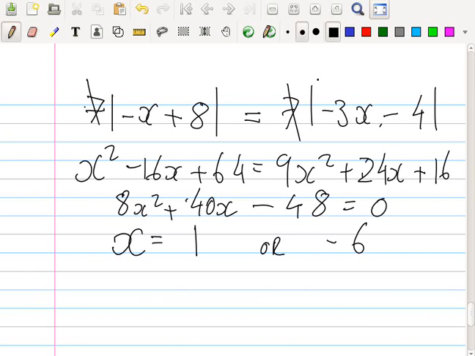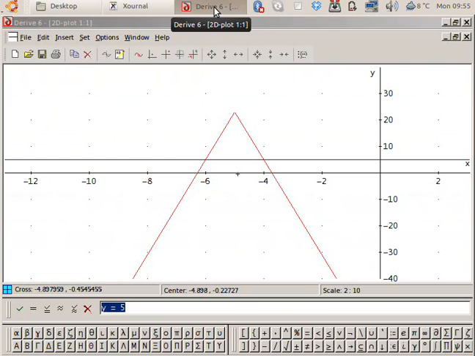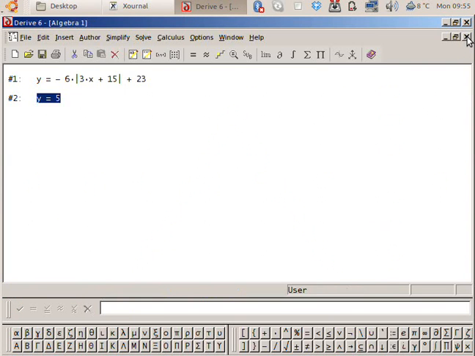Okay. Yeah, let's just have a quick graph here of these two. So the first one was y equals 7 absolute value of minus x plus 8, and then y equals 7 absolute value of minus 3x minus 4.